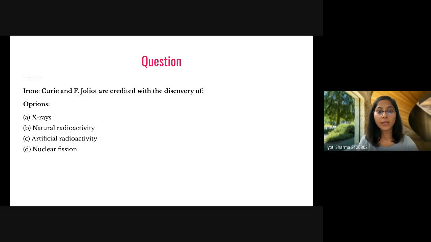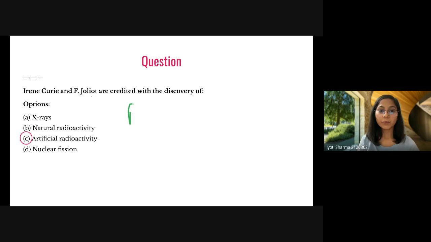So this Curie and Joliot discovered what? Not D, but they discovered artificial radioactivity. So C is the right answer actually. And what they did is, we have polonium and radium, right?